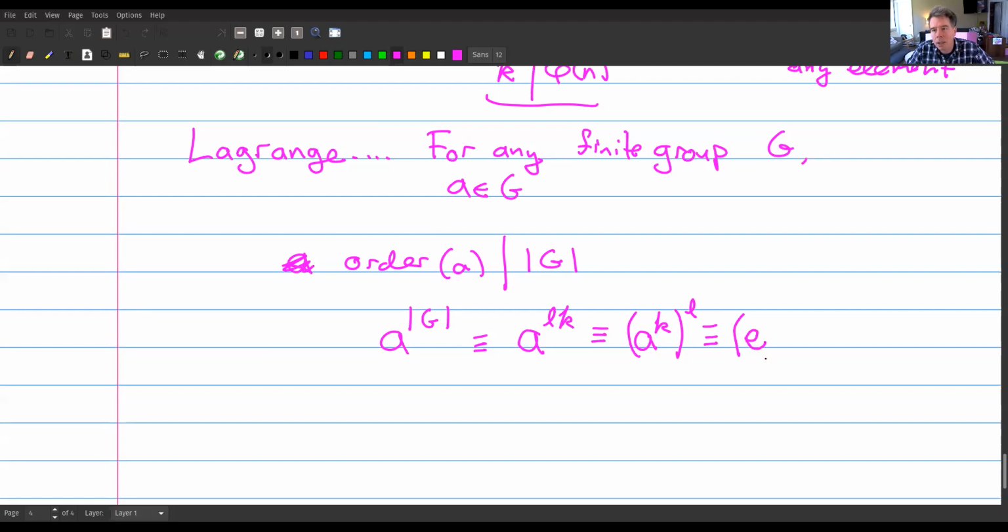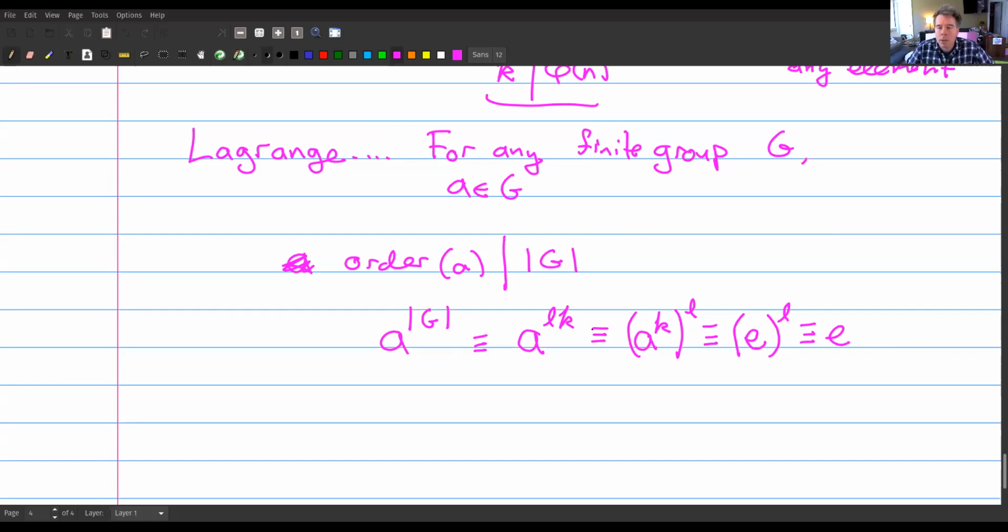So this E, just think of it as being 1. What the identity is in Zn star is 1, but now we're doing it completely abstractly for any group whatsoever. And just like 1 to any power is itself, the identity to any power is itself. And so this is true. Now this isn't necessarily a modular group, so I don't need to say mod whatever because it's just a group element.